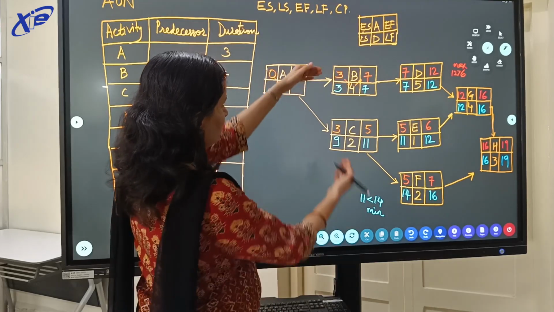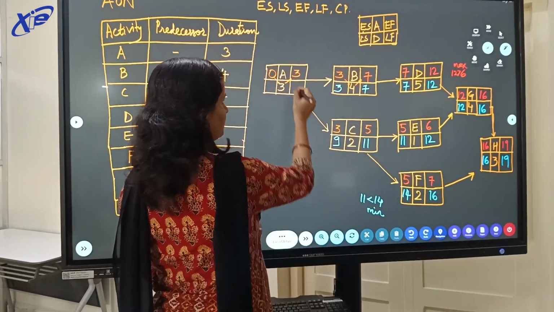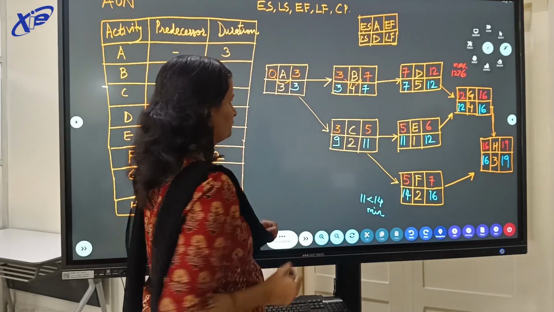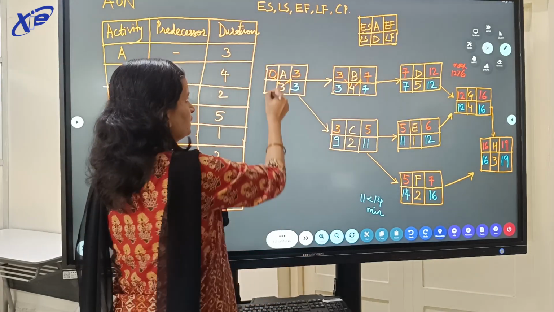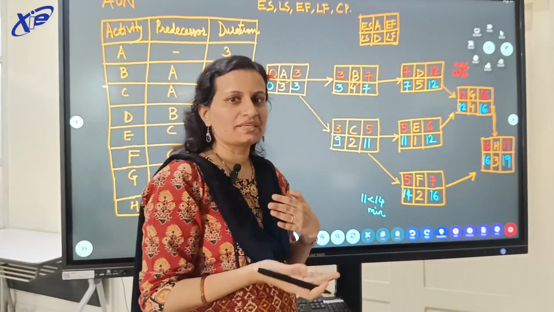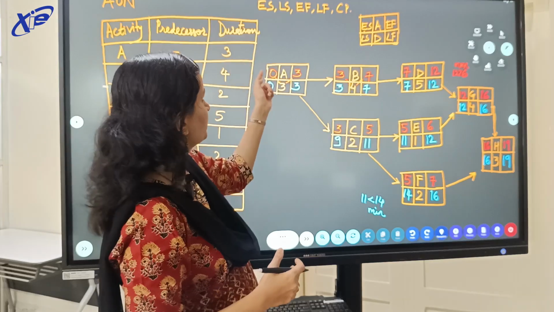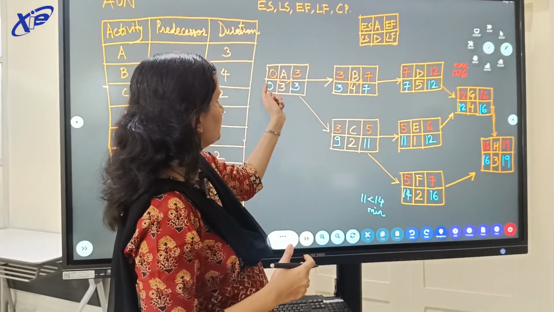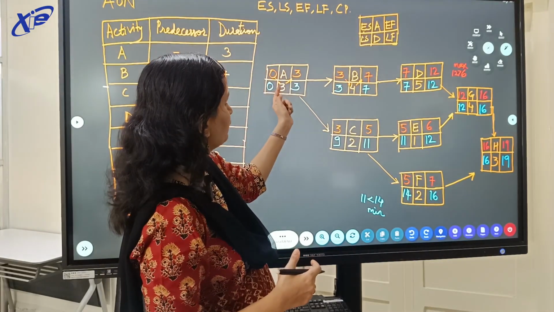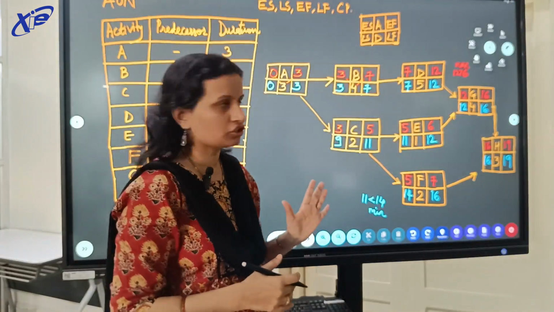For A, we consider between 9 and 3, so the minimum is 3. 3 minus 3 comes out to be 0. So using the forward pass and backward pass, we have found the values of ES, LS, EF, LF for every activity A, B, C, D, E, F, G till H.